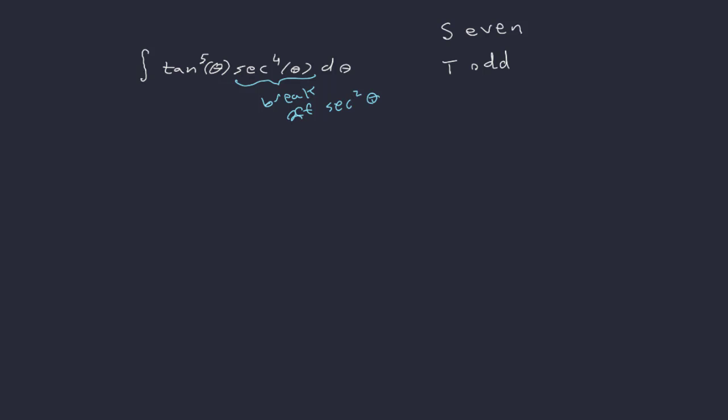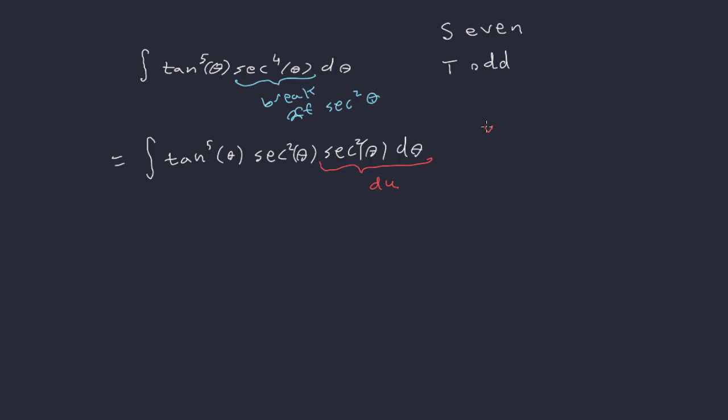Okay, so I'll get tan to the 5th theta, and then when we break off the secant squared, a secant squared theta times a secant squared theta. Okay? Now, remember, whenever we break off that piece, this is what we want to be our du.